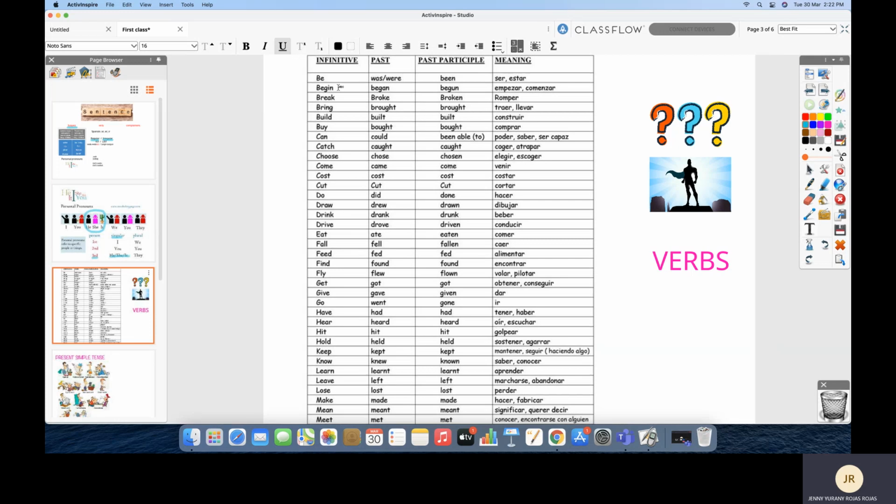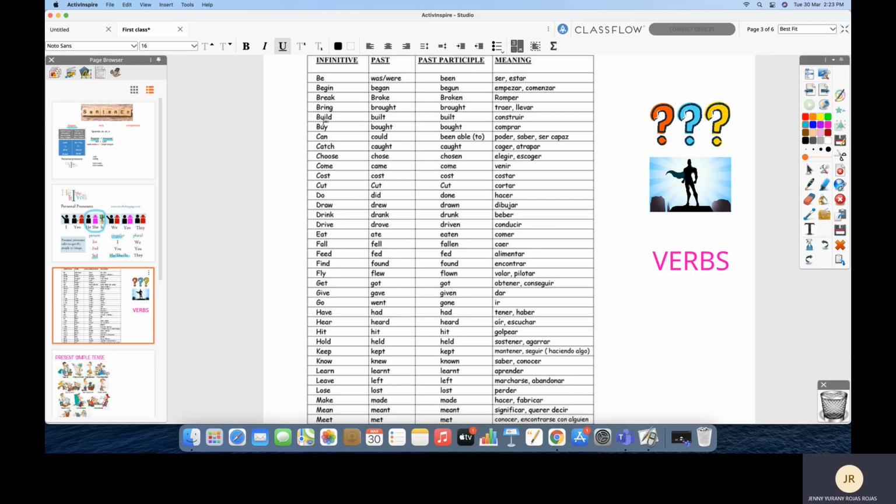Yo comienzo en presente. I began the homework, yo terminé la tarea, ¿sí? Y eso es para un tiempo que vamos a ver más adelante. Entonces, los irregulares me los van a presentar, por lo general los voy a encontrar en una lista, se pueden encontrar en internet, en diccionarios, whatever you want, y siempre están en estas tres formas.